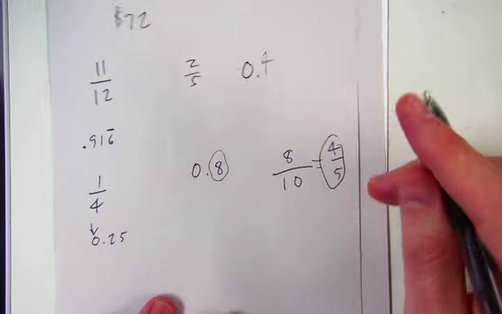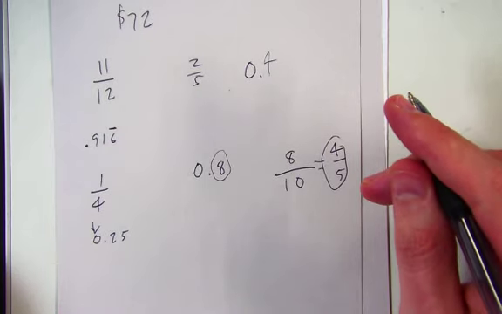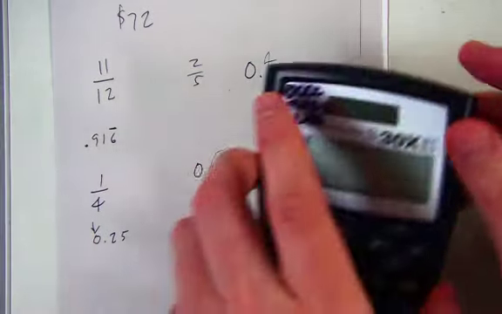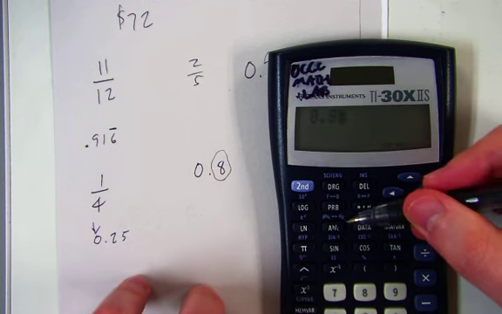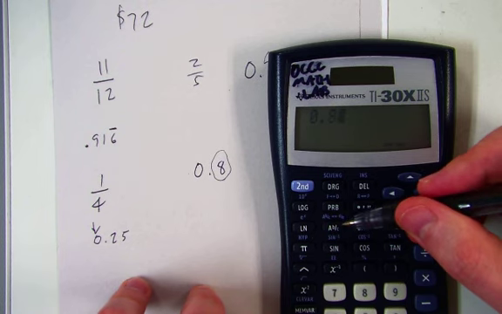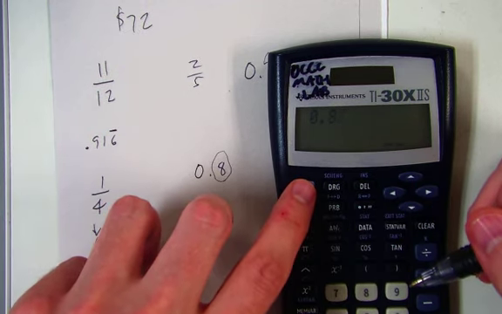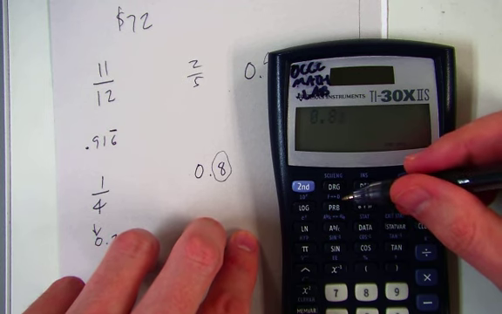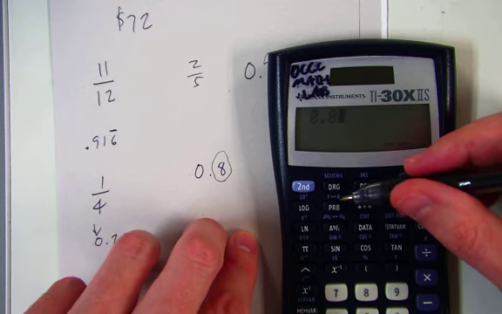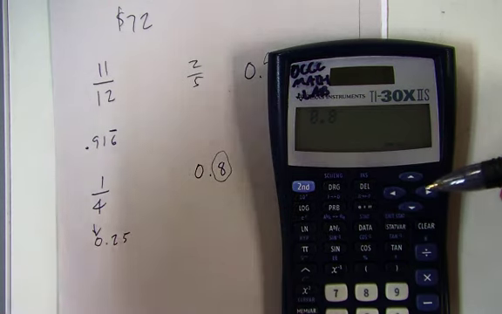Now, there is an easier way to do this with the calculator again. It's a big part of this lesson, like I mentioned. If I put that 0.8 in there, you'll notice right above this PRB key, F arrow D, okay, that is the option that's going to let you switch fractions to decimals.